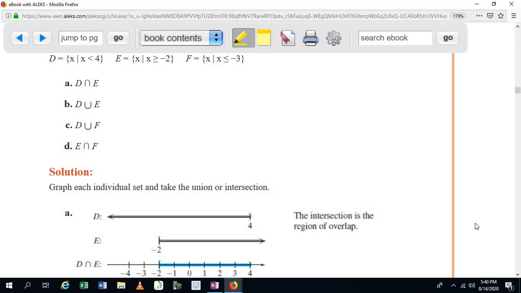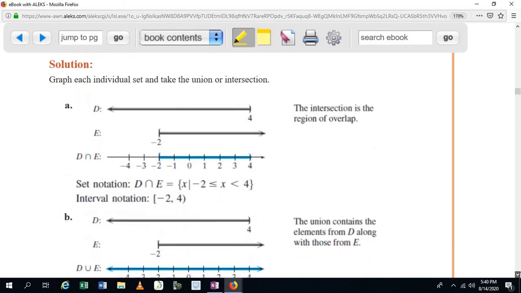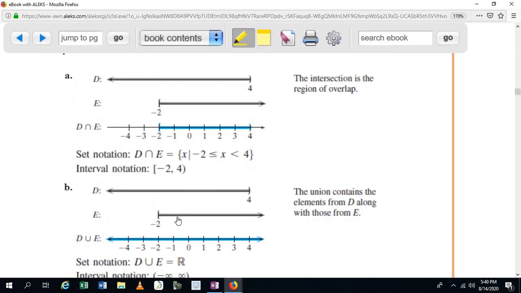All right, D union E. Okay, so that's D and that's E. Now we want to know all the elements in D or the elements in E or in both. Well, these are all the elements in D, so everything below 4, plus all the elements in E, which would be all the elements starting at -2 and above.